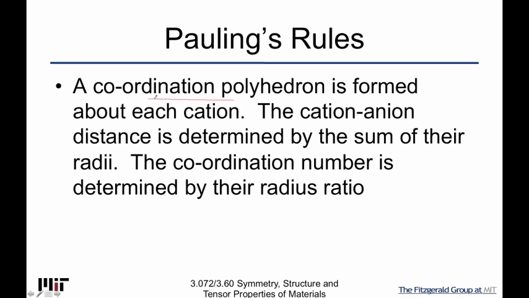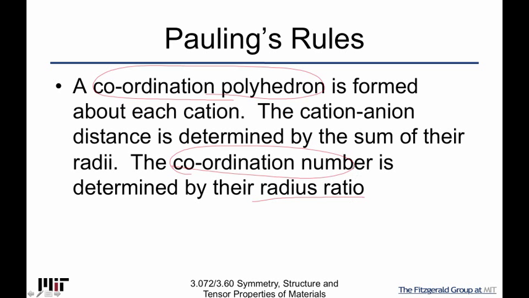So, a quick review of number 1. We talked about what a coordination polyhedron is. If I look at AB, A is bonded to B, and the number of B's that it's bonded to is the coordination number. And we talked about how the radius ratio has limitations because of pure geometry.